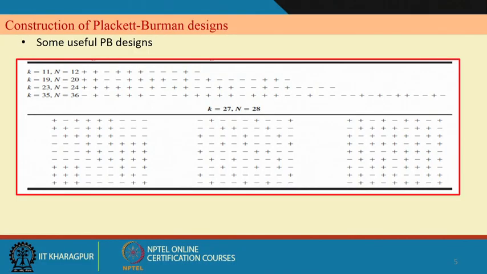So, let us see some useful designs given by PB: for k equal to 11 you require 12 experiments to be run, and the first trial is given like this. You use it to find the second, third, fourth, like this there will be 12 trials. Then k equal to 19, k equal to 23, k equal to 35 and k equal to 27.